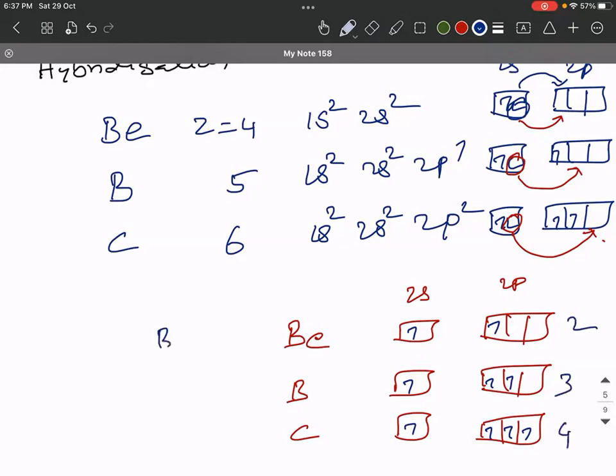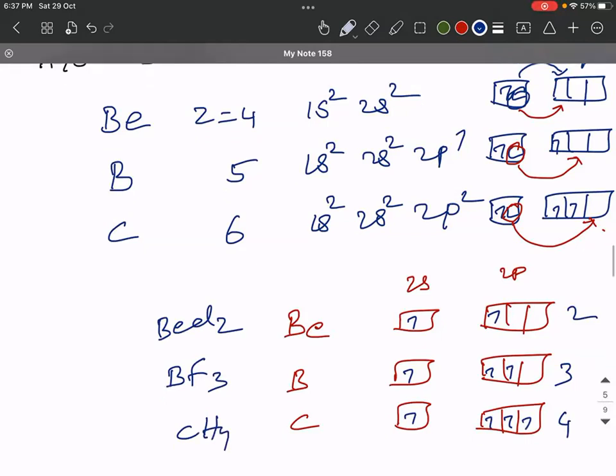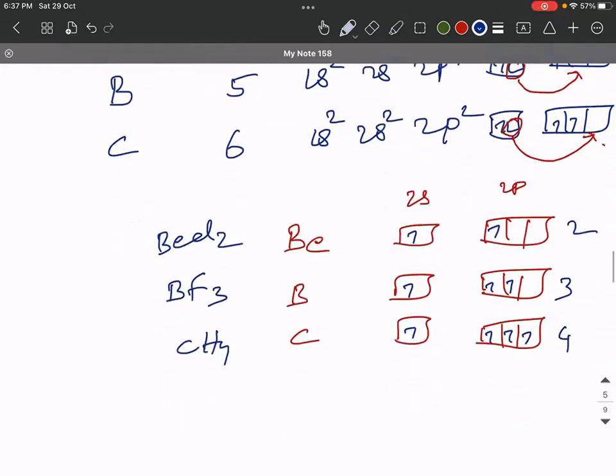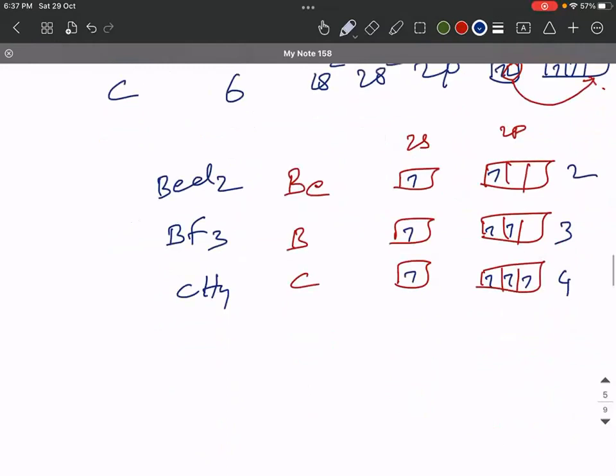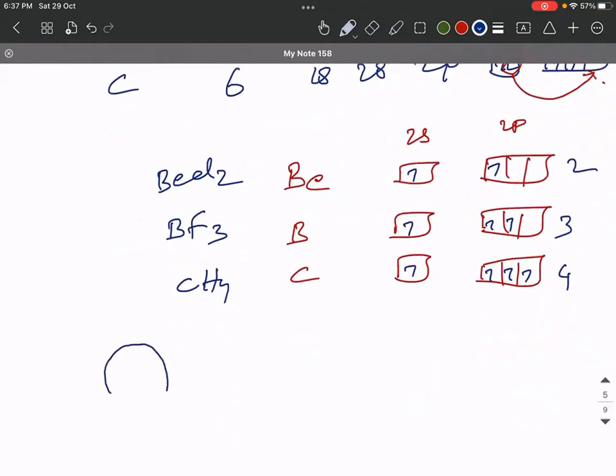So we know that beryllium forms beryllium chloride, boron forms boron trifluoride, and carbon forms methane. Now the question: what is the shape of the s orbital, and what is the shape of the p orbital? The s orbital is directionless, but the p orbital has px, py, and pz.